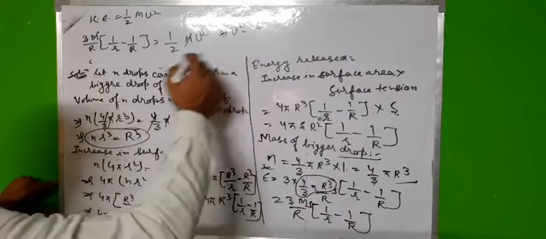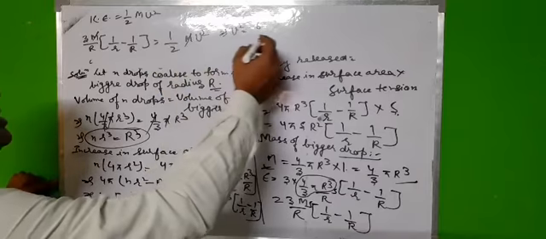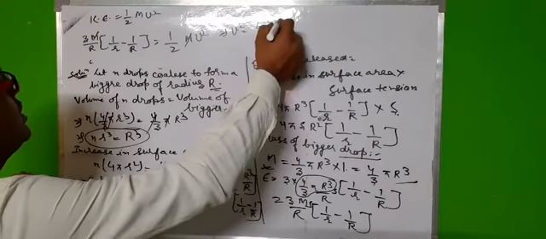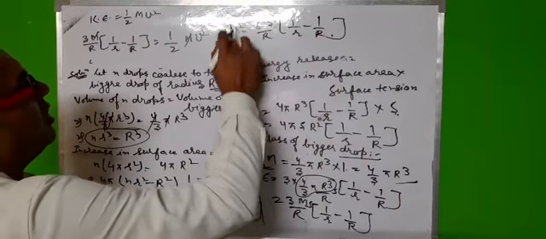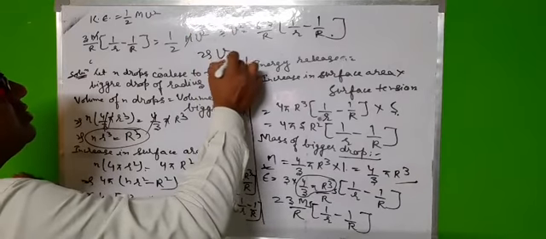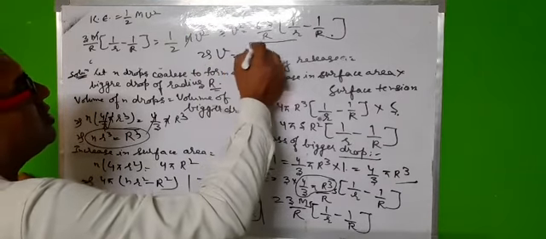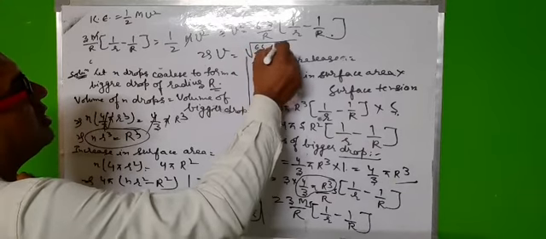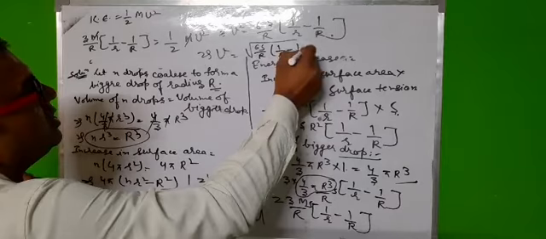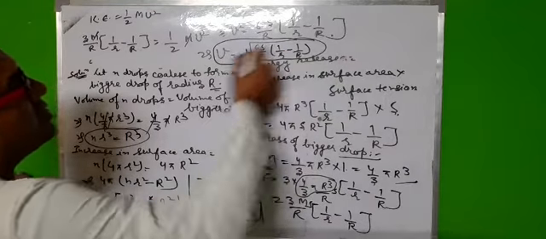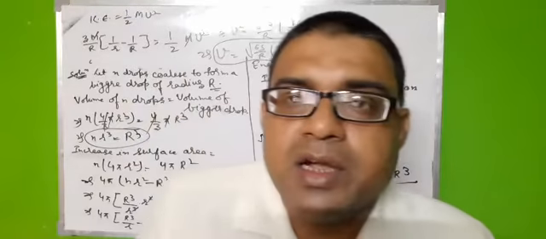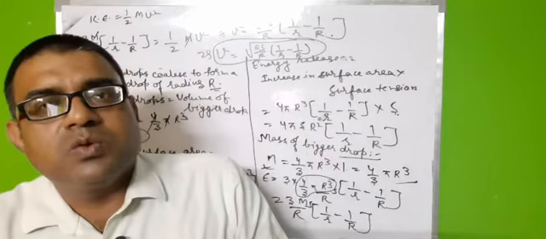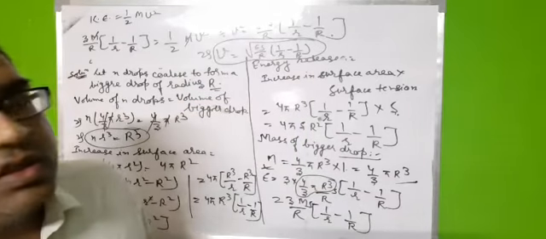So it is equal to 6 S upon r into 1 upon small r minus 1 upon capital R. Or you can write it as v is equal to under root 6S upon r, 1 upon small r minus 1 upon capital R. So this is the value of velocity which can be attained by the bigger drop when these drops collide with each other. So this is the numerical.